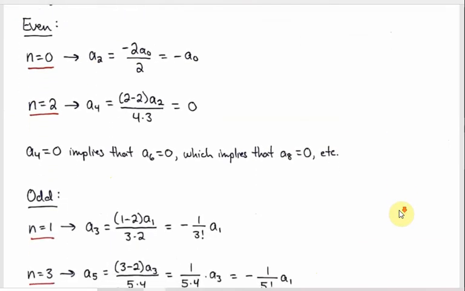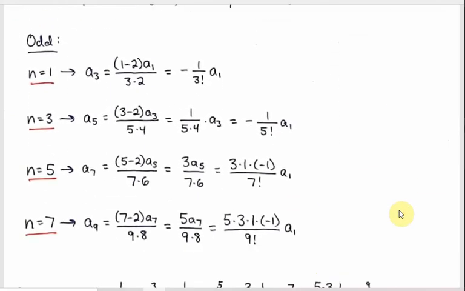Then the odds do not have anything like that, but at least there is a nice regular pattern here. So for the odds, a3 ends up being 1 minus 2 times a1 over 3 times 2. And if you're eyeballing that and going, 3 times 2 looks like a 3 factorial, that's what I would be thinking too.